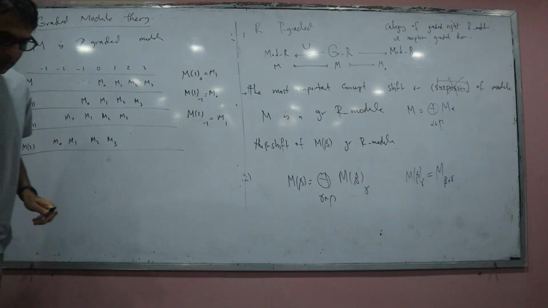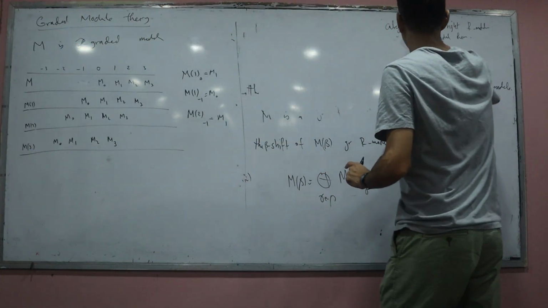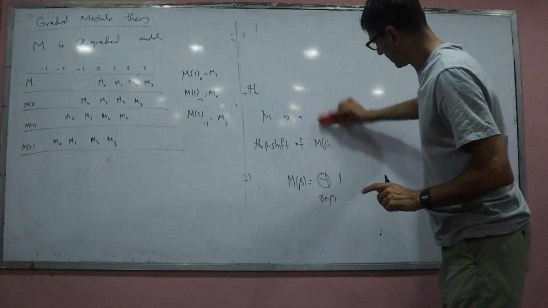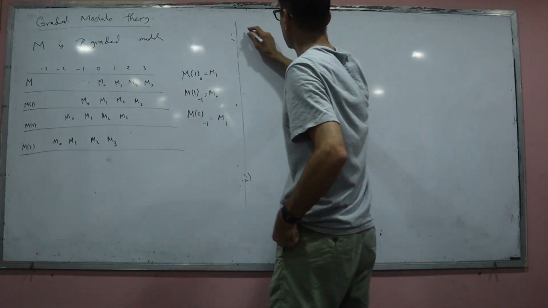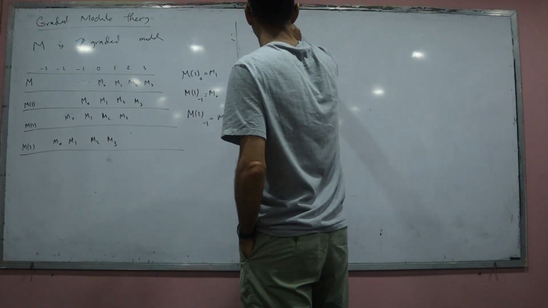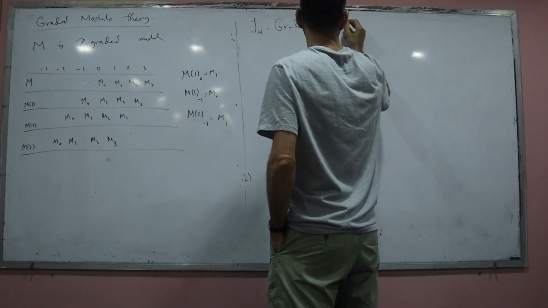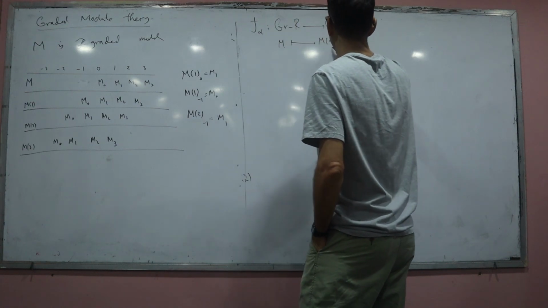So that shift immediately gives you a functor from here to here. I send M to M alpha.